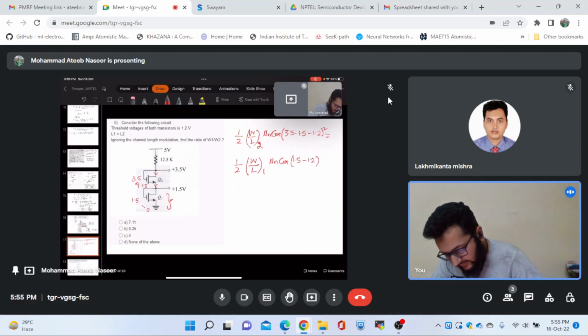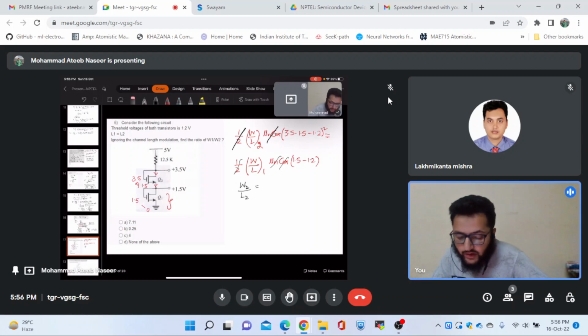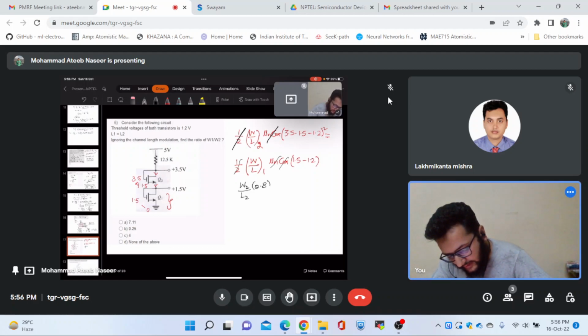So from this we can cancel these terms. It's fine. So it becomes W2 by L2 is equal to 3.5 minus 1.5 is 2, 2 minus 1.2 is 0.8, so it becomes 0.8 whole square, and this is squared as well, so it becomes W1 by L1 times 0.3 whole square.